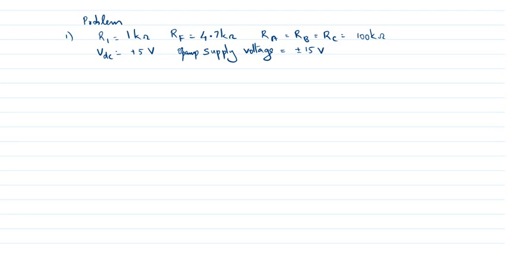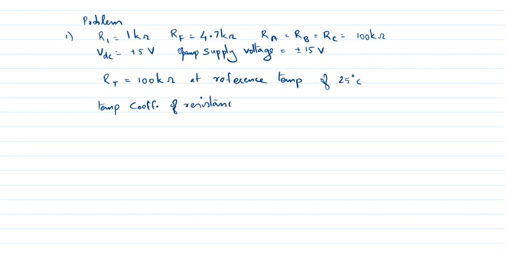So here we use the transducer as thermistor. The thermistor specifications will be RT equal to 100 kilo ohm at reference temperature of 25 degrees Celsius, and the temperature coefficient of resistance is equal to minus 1 kilo ohm per degree Celsius.